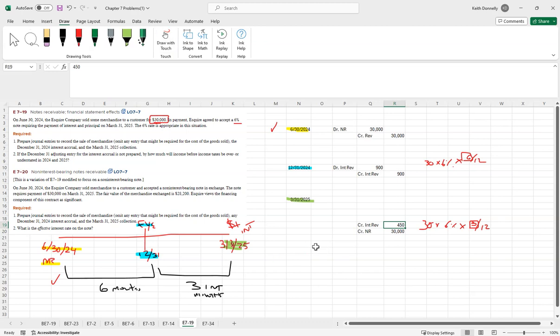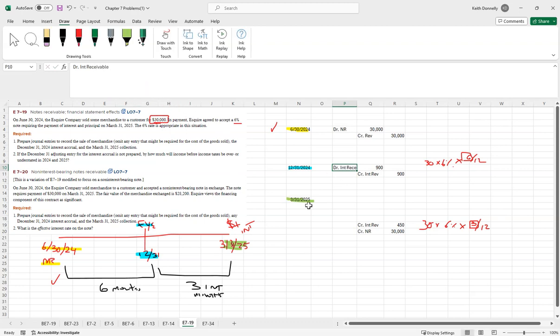Then what we do? We did the $450 for the interest revenue. We did the credit for the note receivable. Right now, we know that they're going to give us the cash that they owe us. Plus, when they give us the cash, we are going to get rid of the receivable up here. That should be debit, interest receivable.